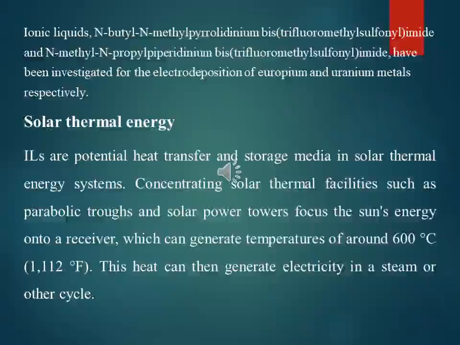Concentrating solar thermal facilities such as parabolic troughs and solar power towers focus the sun's energy onto a receiver, which can generate temperatures of around 600 degrees Celsius, or in other words 1112 degrees Fahrenheit. This heat can thus generate electricity in a steam or other cycles.